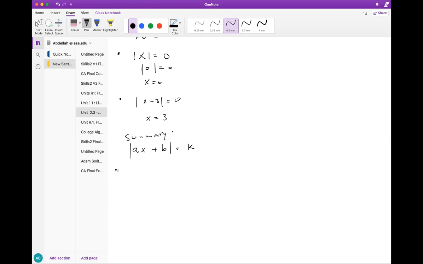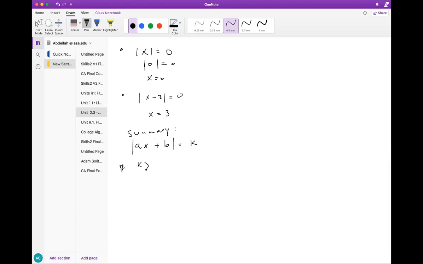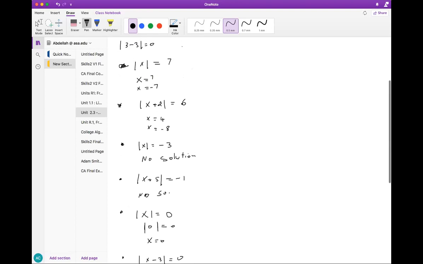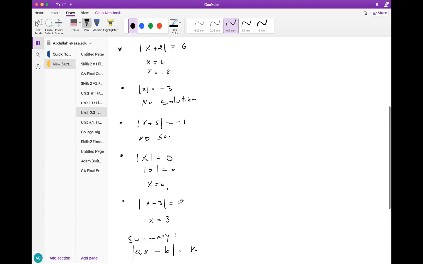So here's the first case. When k is greater than 0, that means it's positive, for example 1, 2, 3, 4, 6, 7. How many solutions do you have when k is positive? 2. Very good.